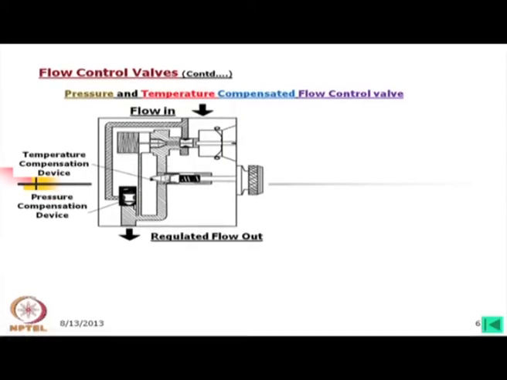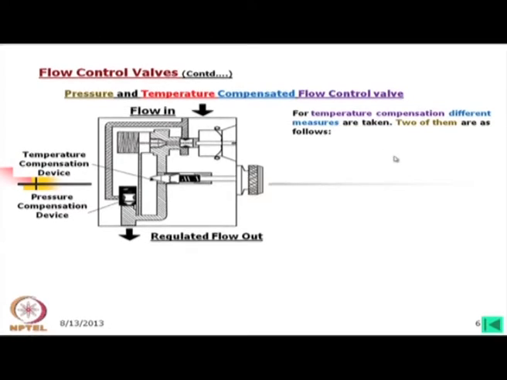Now, when we adjust this, then this flow is coming over here through this orifice. There is pressure on this side as well as through this side, the pressure is also on the opposite side, and thus this spool is balanced to maintain a certain orifice area, and it is further controlled by this temperature compensation.